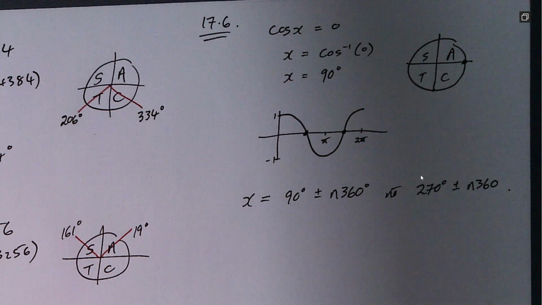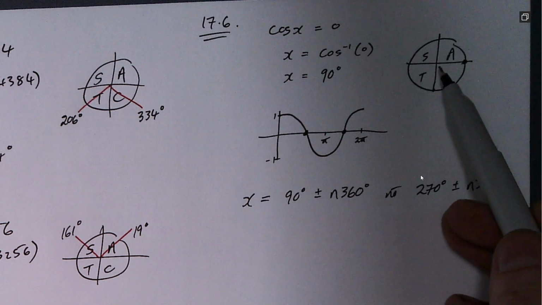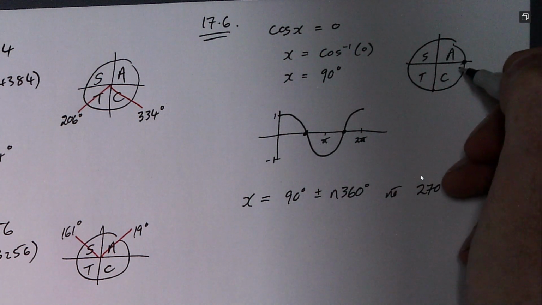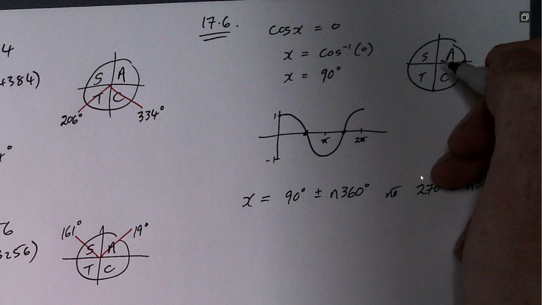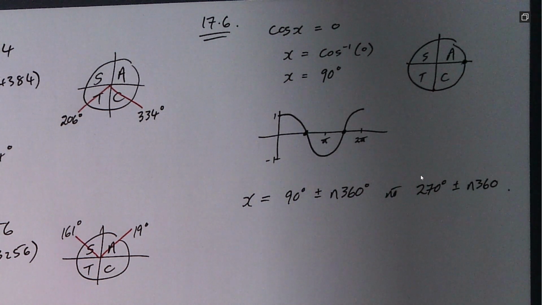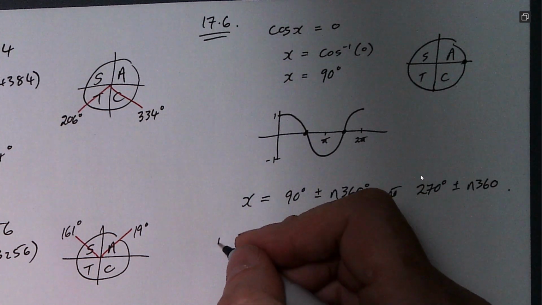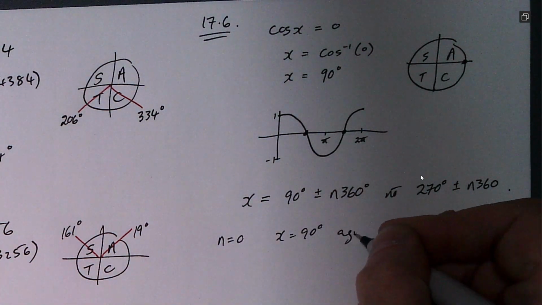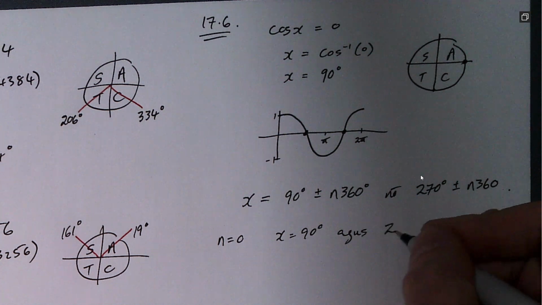So for example, one revolution, one full 0 to 360, n is 1. Now if there is no revolution, it's just the first value, so n equals 0. So for n equals 0, x equals 90 degrees and 270 degrees.